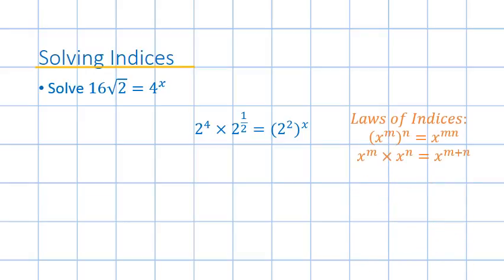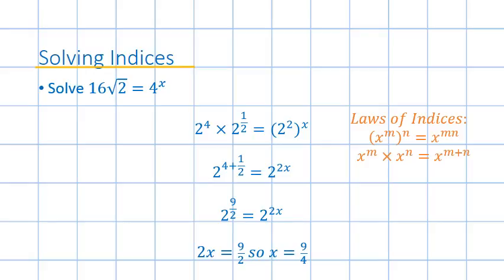Remember the laws of indices that we used last time. 2 squared, all to the power of x, will be 2 to the 2x. 2 to the power of 4 times 2 to the power of a half is the same as 2 to the power of 4 plus a half. 4 plus a half is 4 and a half, which is 9 over 2. So 2 to the power of 9 over 2 equals 2 to the power of 2x. That tells me that 9 over 2 is equal to 2x. So x must be equal to 9 over 4.